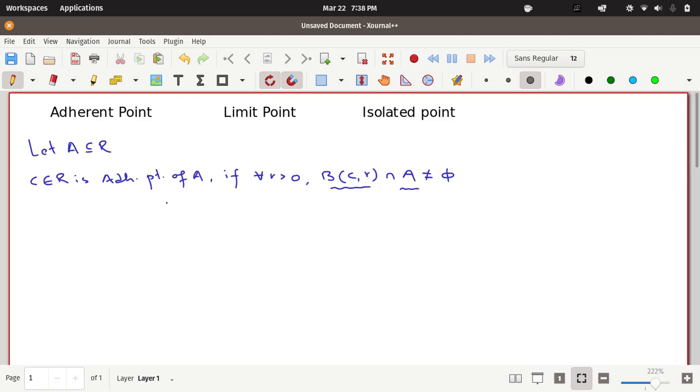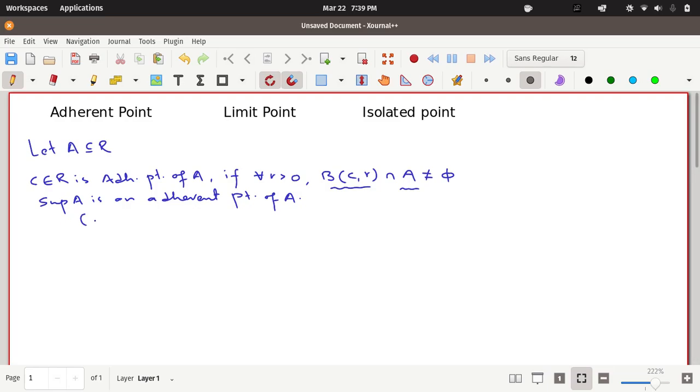And we can give one example for this. Let's say for any set A, the supremum of A is an adherent point of A. We can clarify this by one specific example.